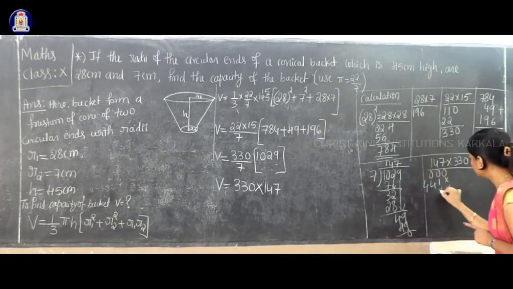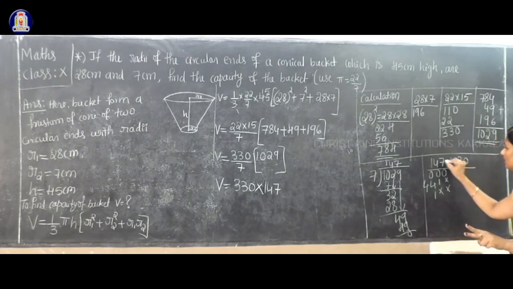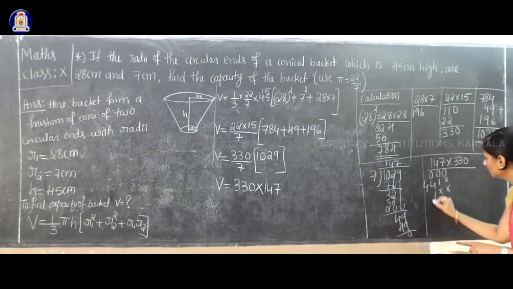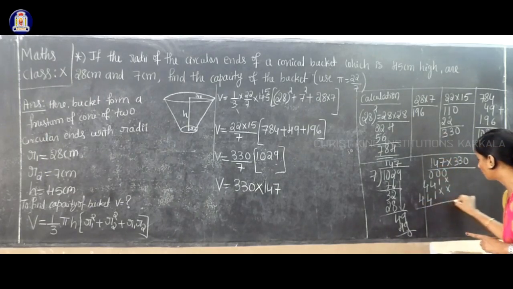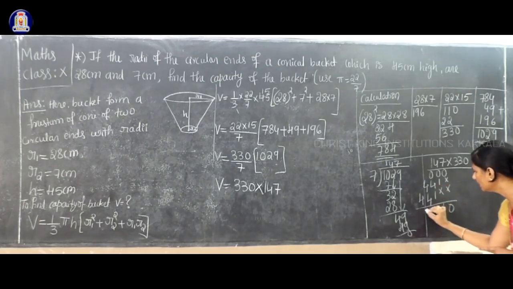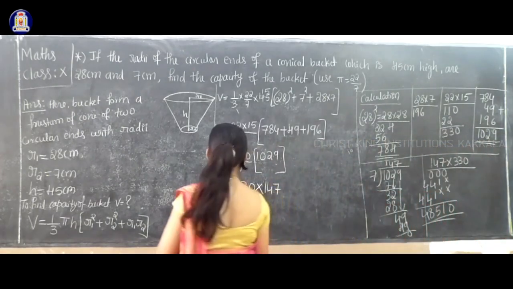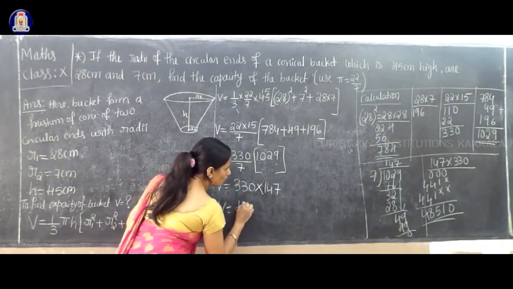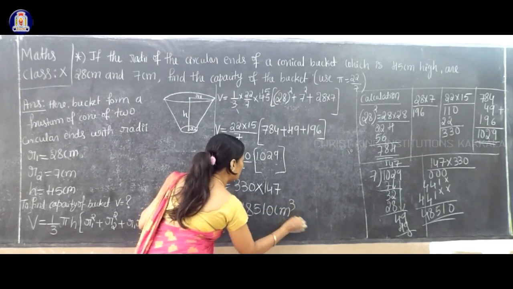So now next, 3 sevens are 21. 2 remainder. 3 fours are 12, 13, 14. 1 remainder. 3 ones are 3, 4. So 0, 1, 5, 8, 4. So how much here? 4, 8, 5, 1, 0. So that is equal to 48510 centimeter cube.